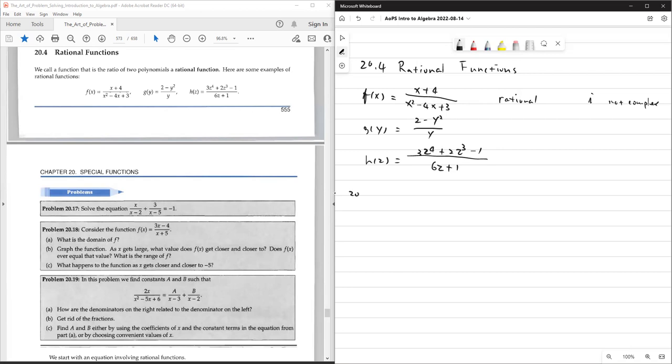So what we're going to do now is try to solve an equation. Now this is just a function. Once you have an equation, x over x minus 2 plus 3 over x minus 5, let's do slowly, equals -1.